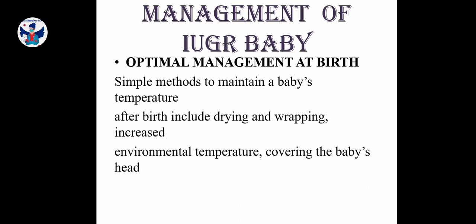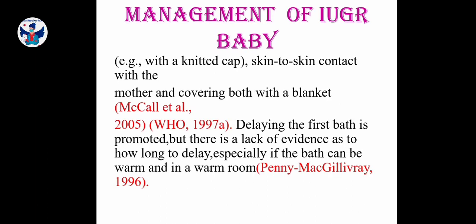Next, optimal management at birth. So we have to maintain the baby's temperature by drying and wrapping the baby, increase the environmental temperature, then cover the baby's head with a knitted cap, then skin to skin contact with the mother, and cover the baby and mother with blankets.